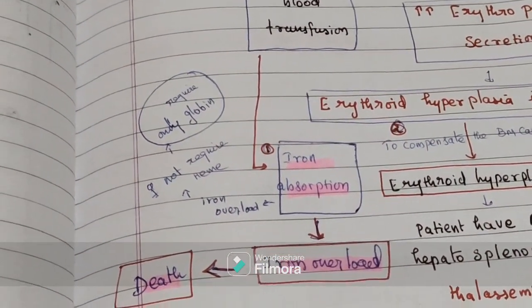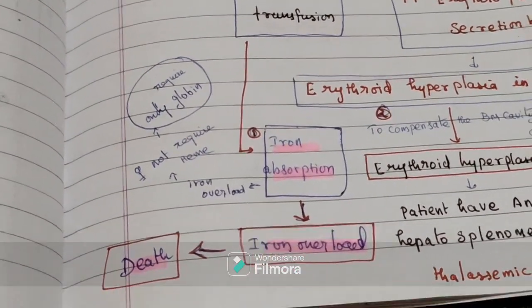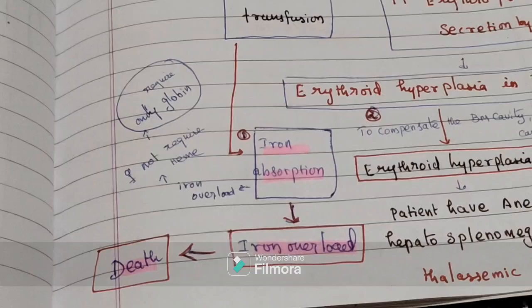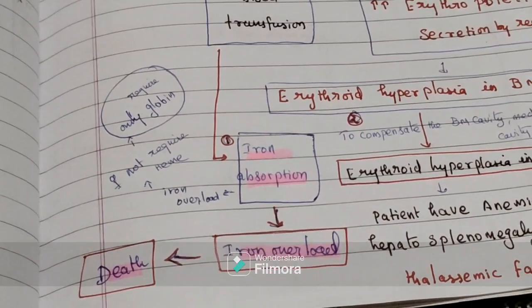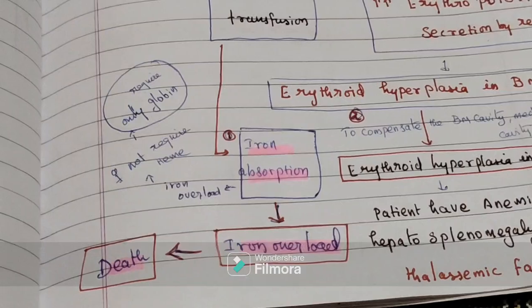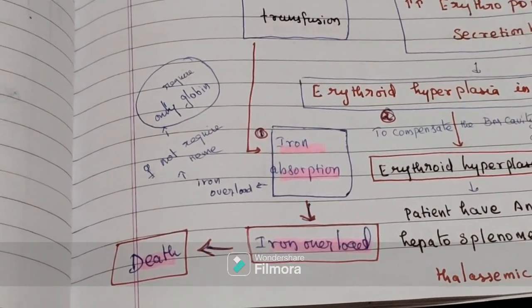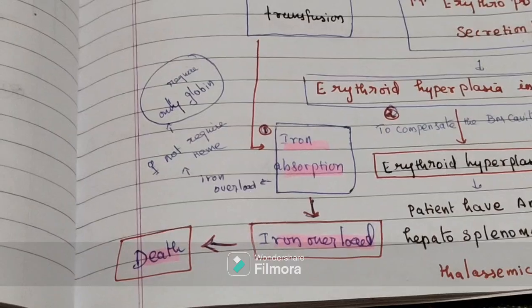You give complete hemoglobin in the RBC in the blood transfusion, so the heme accumulates in the form of iron. Such patients who require very frequent blood transfusions have iron overload, and that is the cause of death.